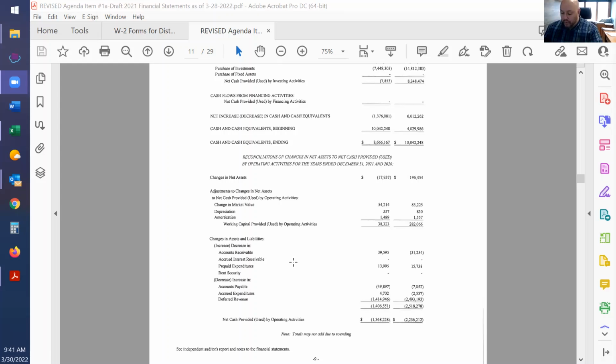You'll see the 1,360,000 on the bottom, which is net cash used by operations, matches the total on the top, the net cash provided or used by operating activities. That's basically a summary of all the activity that occurred there. That's a requirement, so that's why we show it that way. And again, we have it for 2 years there.